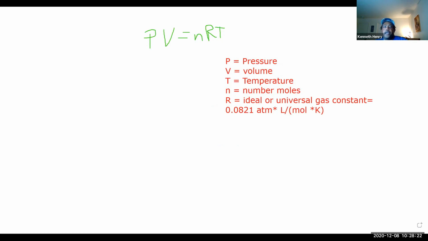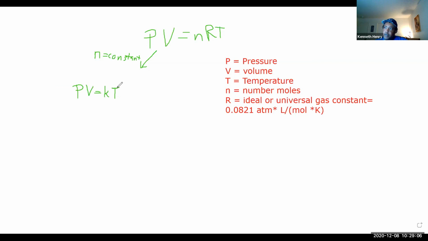So if we have a situation where, let's say, the number of moles are a constant, meaning that they're not changing, they're not mentioned at all in the question, then we'll just use PV over T, and since it's a constant, we'll use K as our constant.